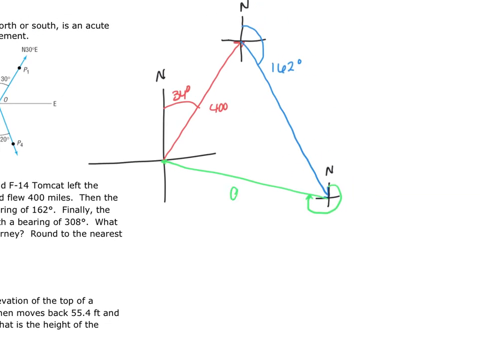I'm going to just call this A. Now I've got to figure out what the angles are inside the triangle. If this angle is 34, then this must be 90 minus 34, which is 56 degrees. It's not the entire angle, but I know it's 56 degrees. The way that I drew this, even though it doesn't look like it, this north and this north are parallel, and this west to east is parallel to this west to east.